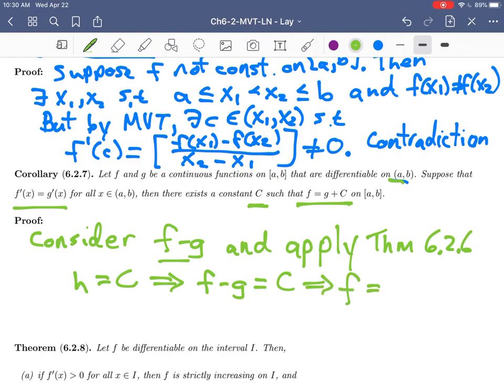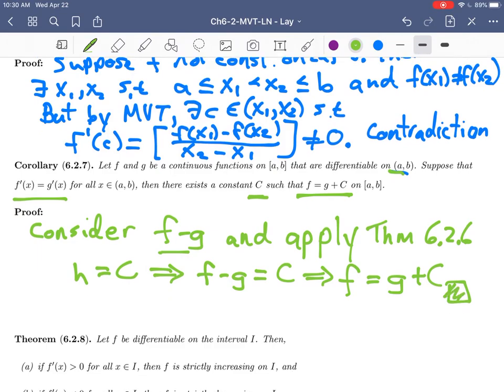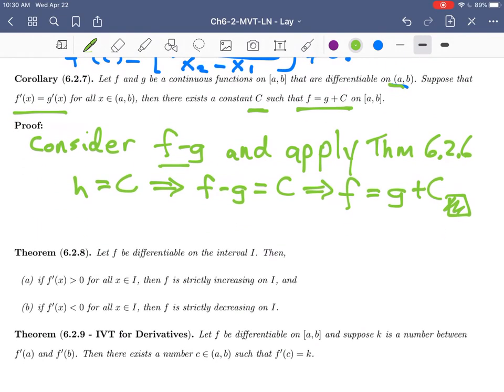So f is equal to g plus c. Right. And that's that. A couple other theorems that we'll just note, we won't go through proofs of.